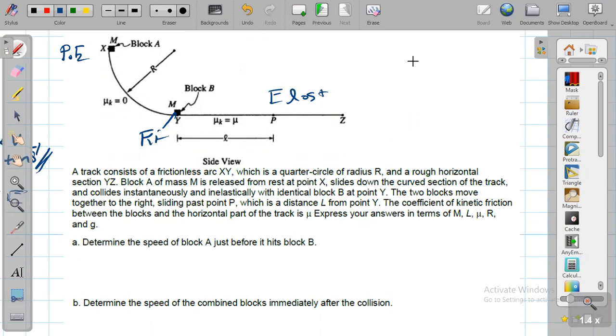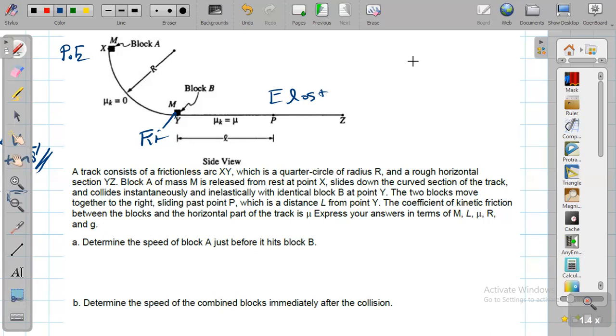Block A of mass M is released from rest at point X, slides down the curved section of track and collides instantly and inelastically with an identical block B at Y. The two blocks move to the right, sliding past point P, which is distance L from Y, and the coefficient of kinetic friction between the blocks and the track is mu. Express your answer in terms of M, L, R and mu.